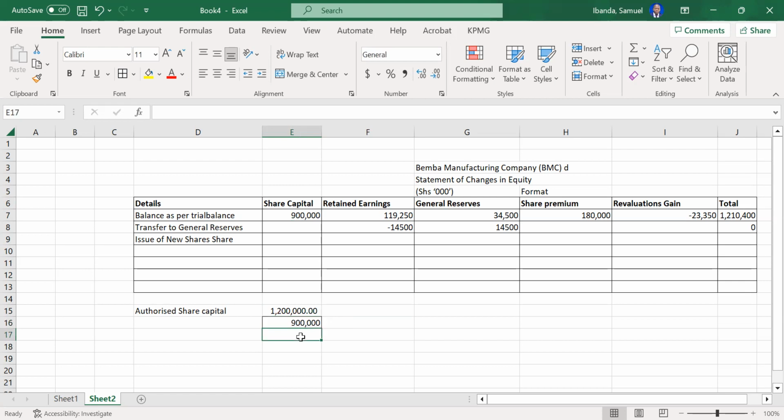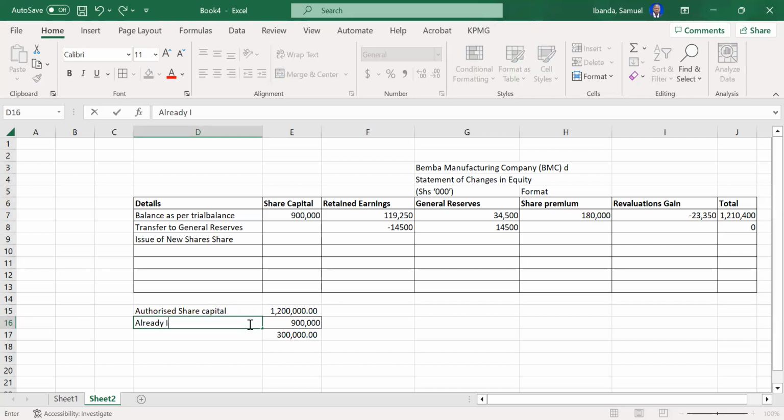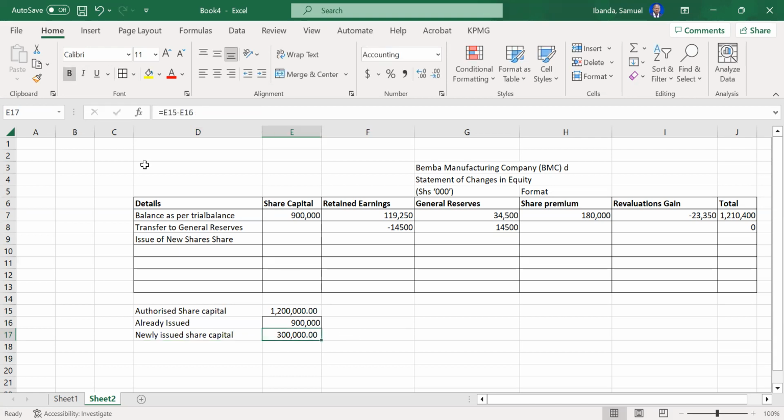So this means that we're now going to look at the difference. These are already issued, and these are new issues. So this is the newly issued share capital. This is what they did issue.